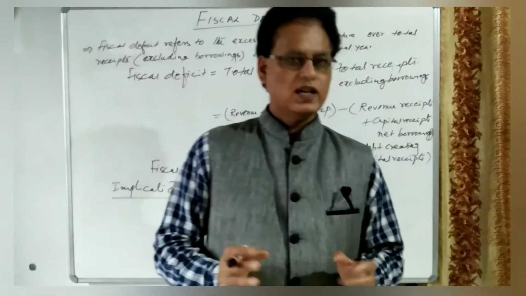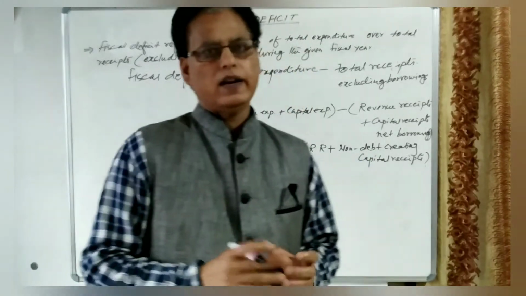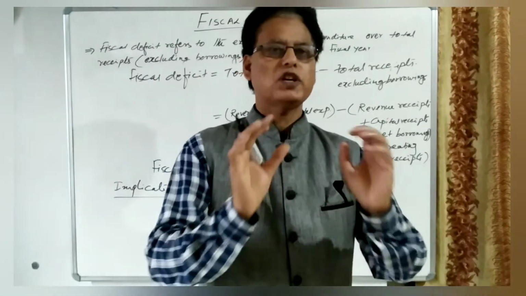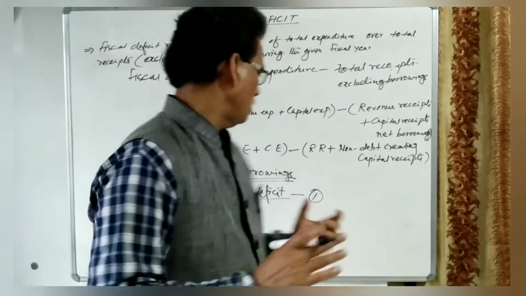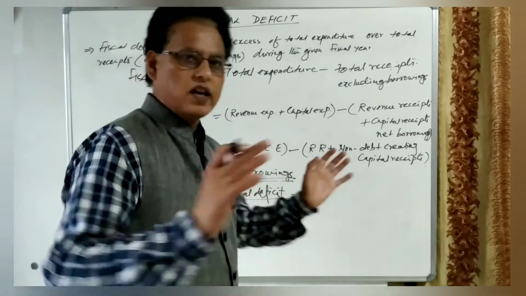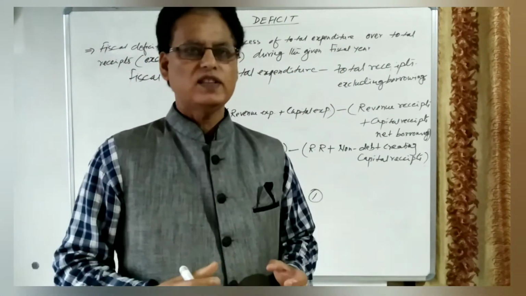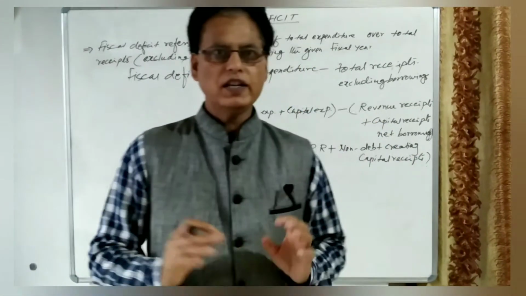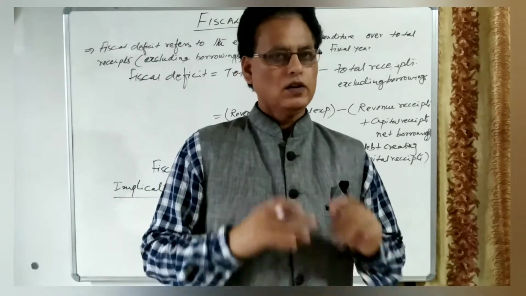of interest. Interest payment is part of the revenue expenditure. If revenue expenditure increases, then the revenue deficit will also increase. So more fiscal deficit represents more interest payment as well as more borrowings. When borrowings and interest payments increase, the burden on the government increases.